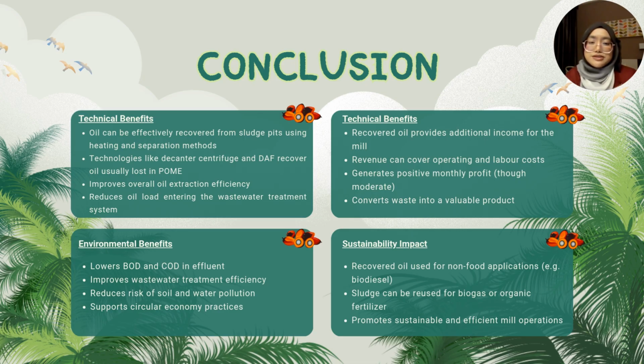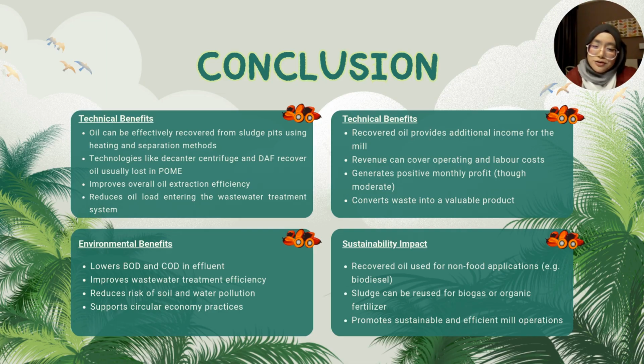In conclusion, this study shows that oil recovery from palm oil mill sludge pits is a practical and beneficial waste management approach. Technically, the use of heating and separation methods such as decanter centrifuge and dissolved air flotation can effectively recover residue oil, improving overall extraction efficiency and reducing oil entering the effluent treatment system.